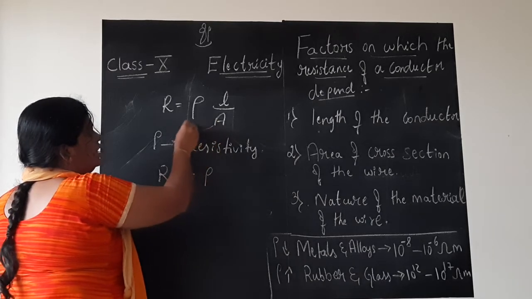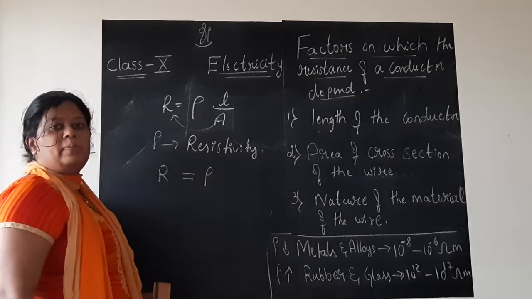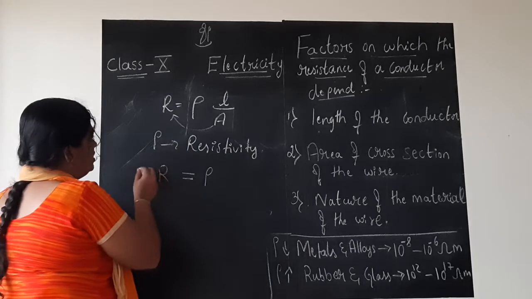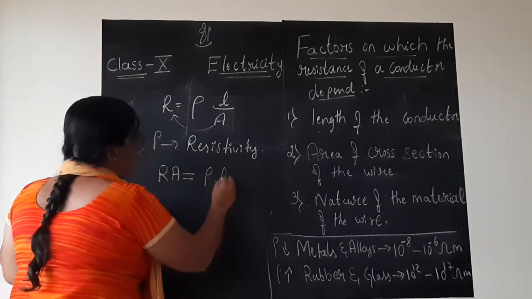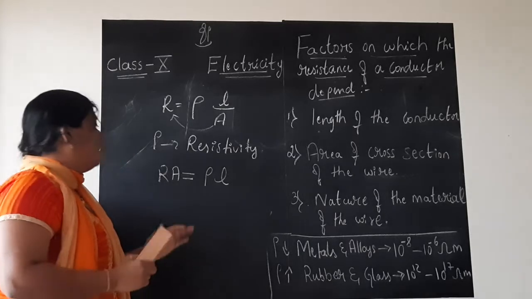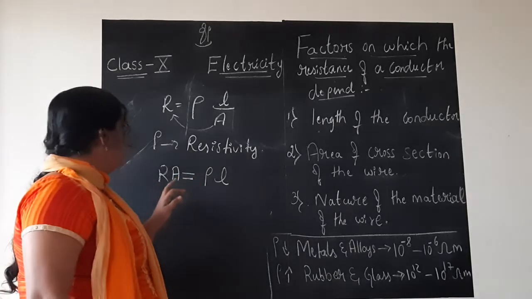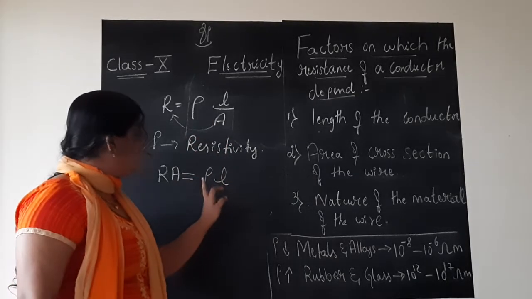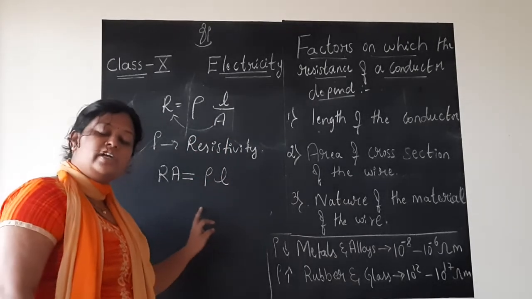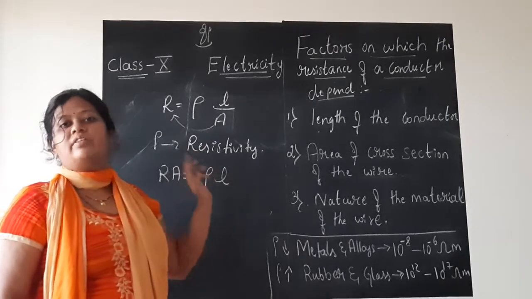Since A is in the denominator, you just cross multiply that with the resistance R. So it will be R into A. But still we have L here. In mathematics sessions, I keep on telling you, in 9th standard you have learned: if multiplication is there between any two terms and you are sending it to LHS or RHS, you will divide it.